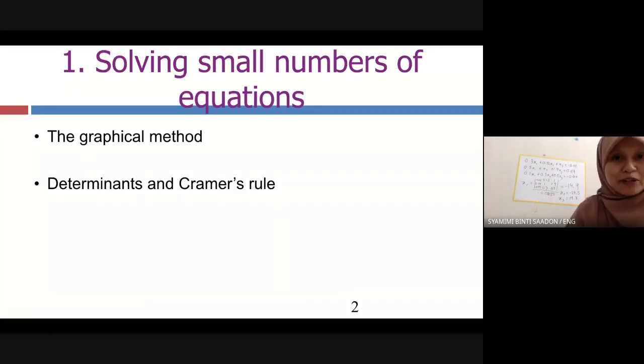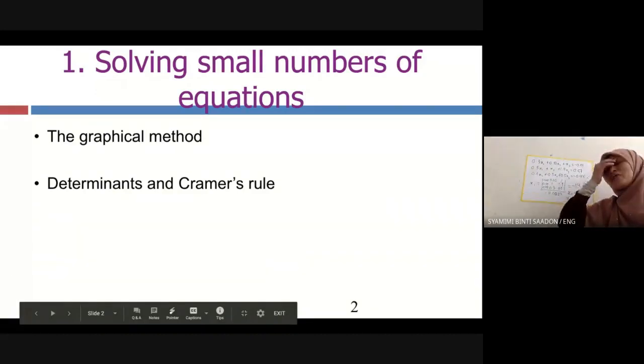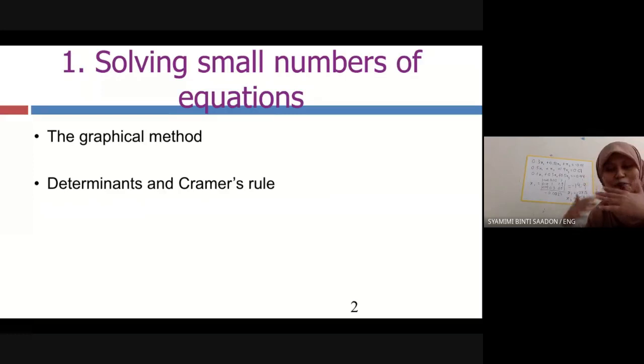Okay. So back to my slides. Actually, to solve linear algebraic equations, there are a lot more methods. But here in our course, I think I will show only 3, 4 this week and next week, and the next 2 weeks, methods that we can use. Okay, but there's a lot more in the reference book.